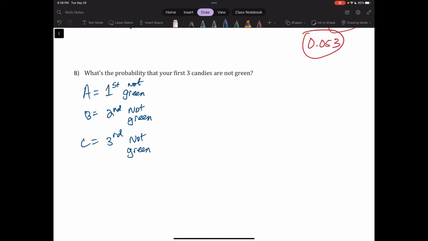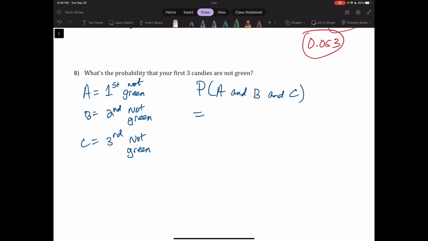So what we need is the probability of A and B and C, right? We need all of those. Don't worry about it. It's just simply going to be, remember, the multiplication rule. It doesn't have to be just for 2 events. It could be 3 or however many events. You're just going to simply multiply all the probabilities of all the events occurring, okay?